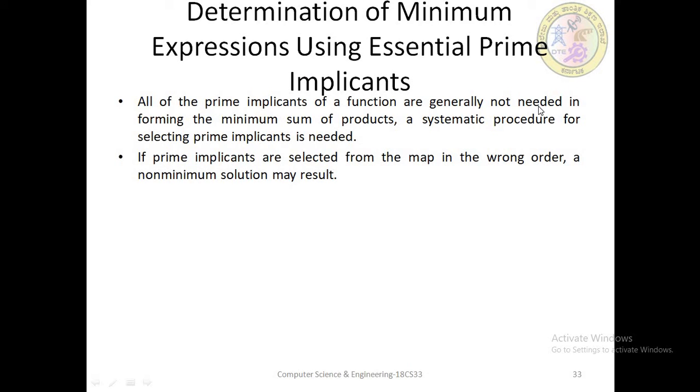All of the prime implicants of a function are generally not needed in forming a minimum sum of products. A systematic procedure for selecting prime implicants is needed. We need to do it in a systematic way.